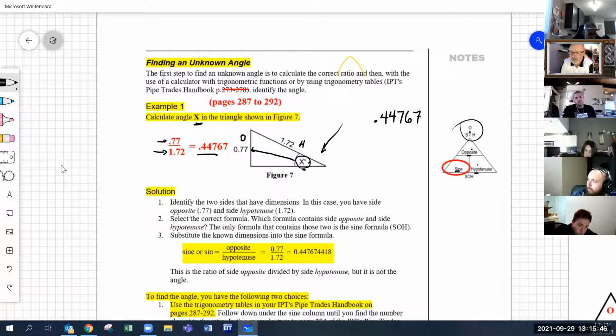It gives us that 0.44767, right? Now, on your calculator, grab your calculators, please. On your calculator, I want you to type in this number, 0.44767. You're going to hit the shift button and then hit the sine button.